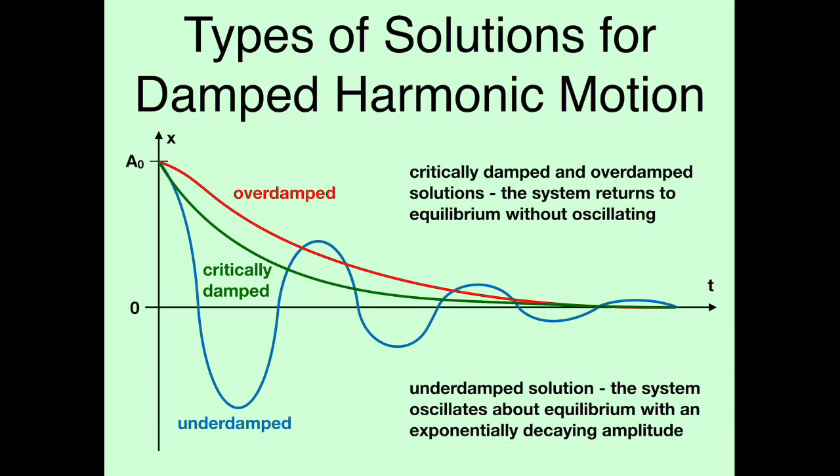And then when it comes to the critically damped or the overdamped solutions, the system just goes straight to equilibrium, goes straight to 0 without oscillating in the first place. Okay, so that's just a visual representation of those three different types of solutions.